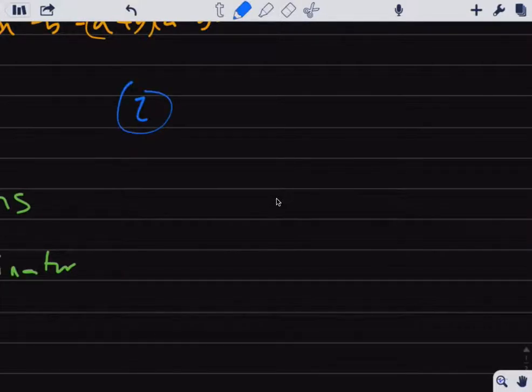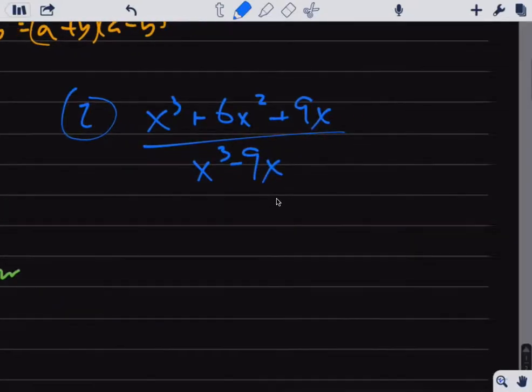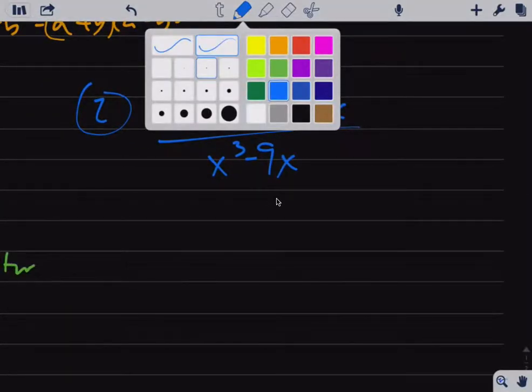All right, looking at another example. Okay, another example could be something of the form x cubed plus 6x squared plus 9x over x cubed minus 9x. Okay, so this top factors a particular way.